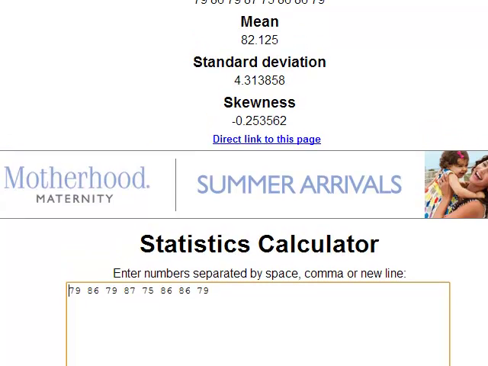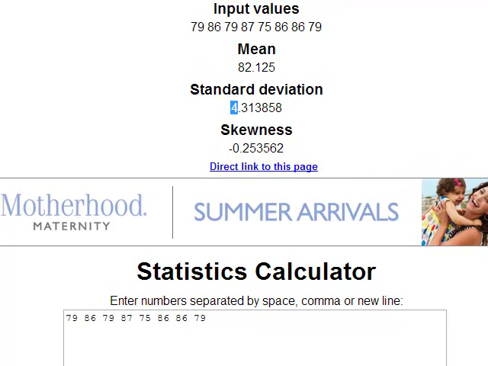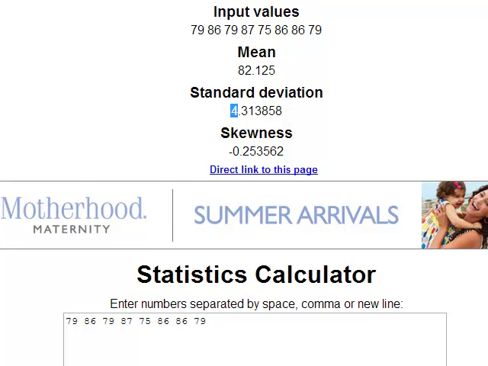And there it is. The mean, the average is 82. Obviously that means 982 centimeters per second squared, and the standard deviation is simply the 4 here, which means 982 plus minus 4 centimeters per second squared. And that's with a statistics calculator that I found online. So that was pretty straightforward.